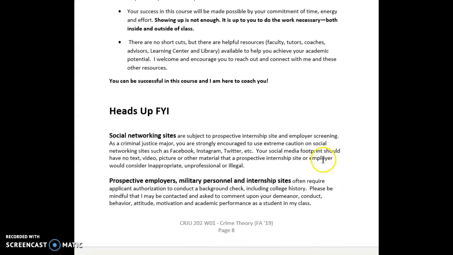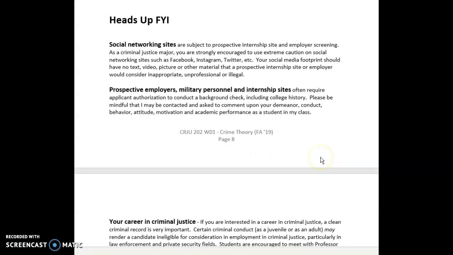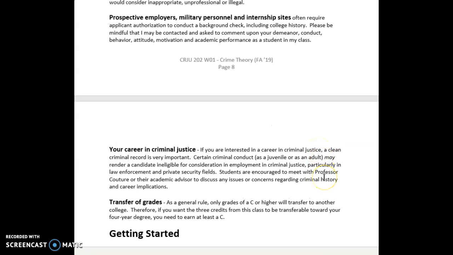Some things that are warnings that I give to all students in my classes that are criminal justice majors: the importance of being aware of the access of social networking sites by prospective employers and internship sites, and also that those future possible employers or internship sites may ask your faculty for comments on their observations of what kind of student you were, what kind of person you were, what kind of criminal justice professional you are.